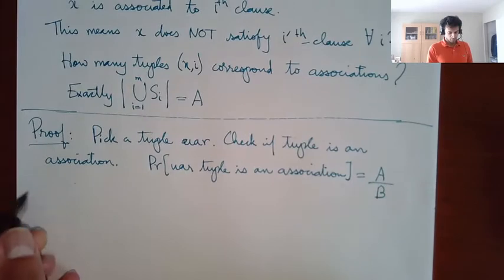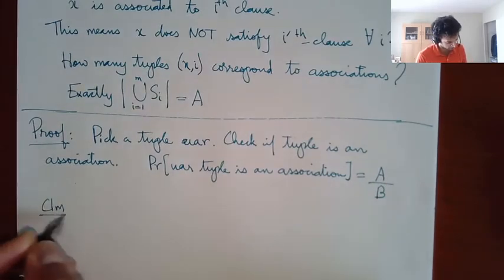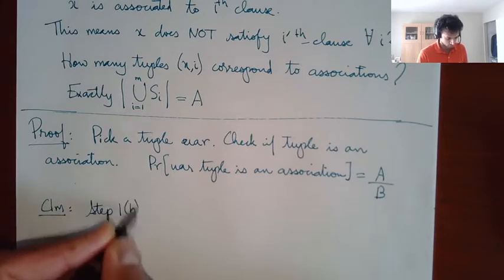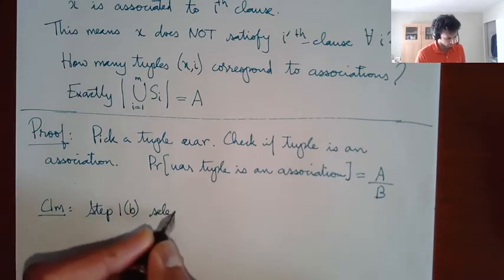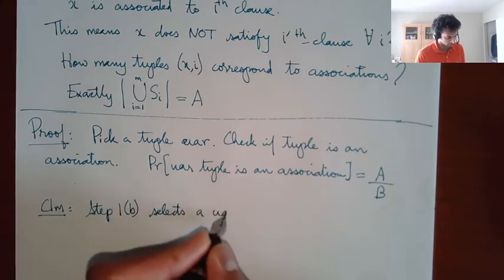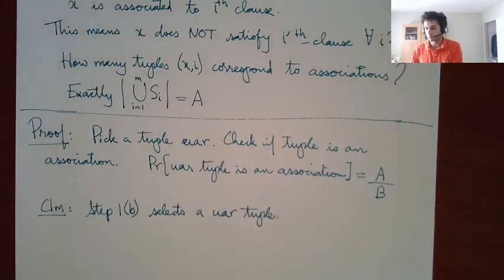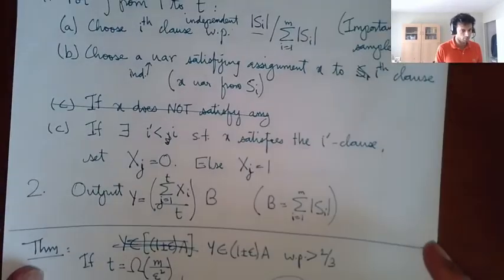So let me first assert that. Let me write out a small claim here. I'll say that step 1b selects a uniform at random tuple. So let me show you again what step 1b is.